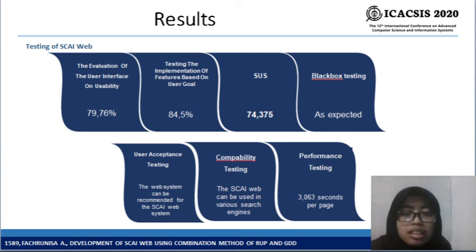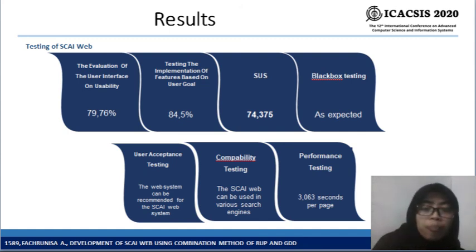Nielsen said the web will be good if the load time is at least less than 10 seconds. Therefore, it can be concluded that the proposed SCIA web has fulfilled performance characteristics. Based on user acceptance testing, it is known that SCIA will display interestingly.